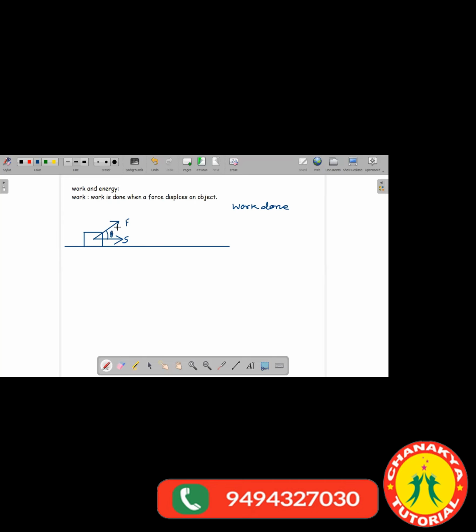Some part of this force is utilized to lift up this block a little bit higher, decreasing the load on the surface, and some part of this force is used to displace this. So some part of the force is acting along the y direction. We call this the y component of the force, which is Fy. Some part of the force is acting along the x direction, which we call Fx.